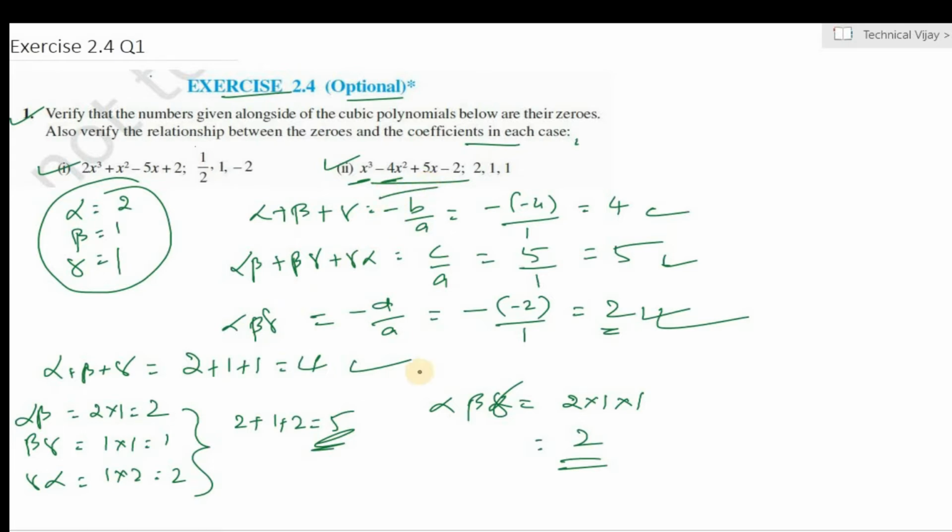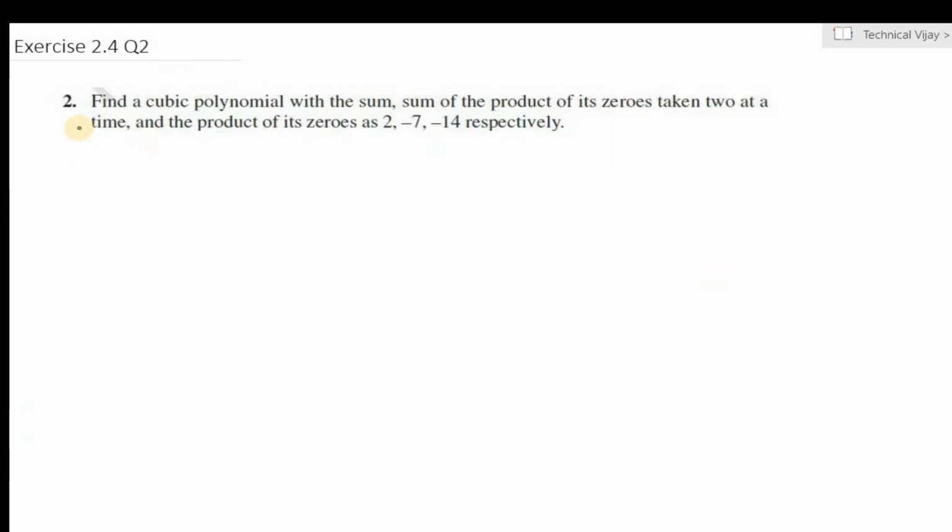Okay, we'll go for the second question. Here in this exercise 2.4, question number 2: find the cubic polynomial with the sum of its zeros, the sum of the products of its zeros taken 2 at a time, and the product of its zeros as given, respectively.